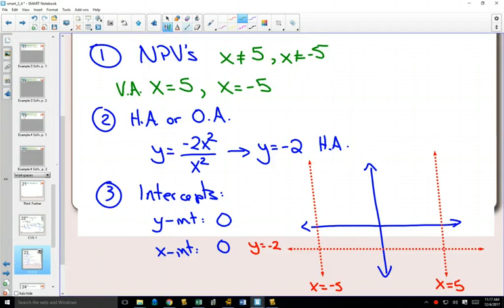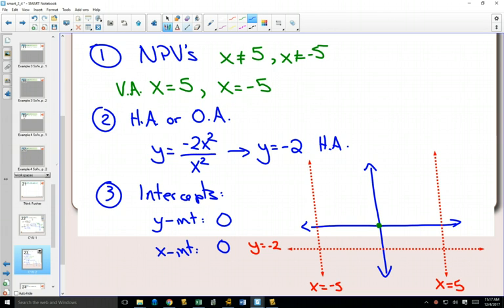We know one point because our x-intercept and y-intercept was the same. To figure out some more values and what's going to happen with this graph, we're going to need to find some more points.